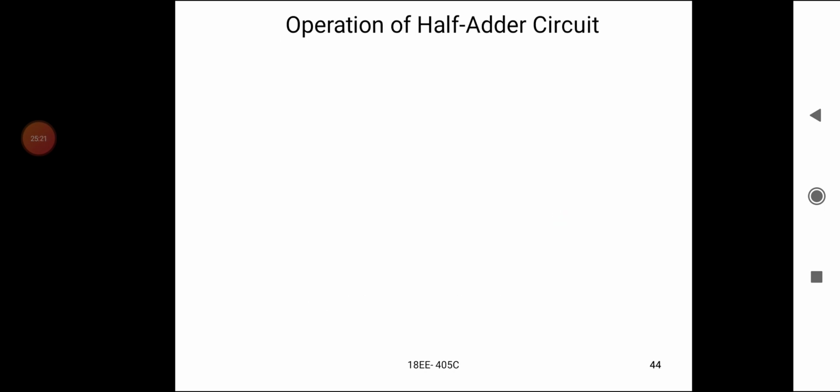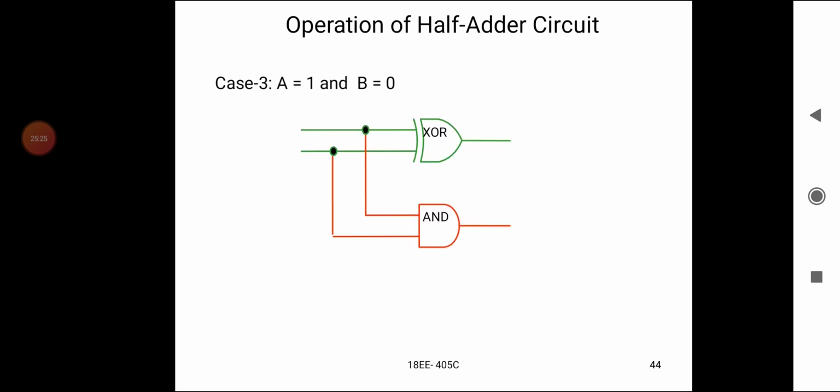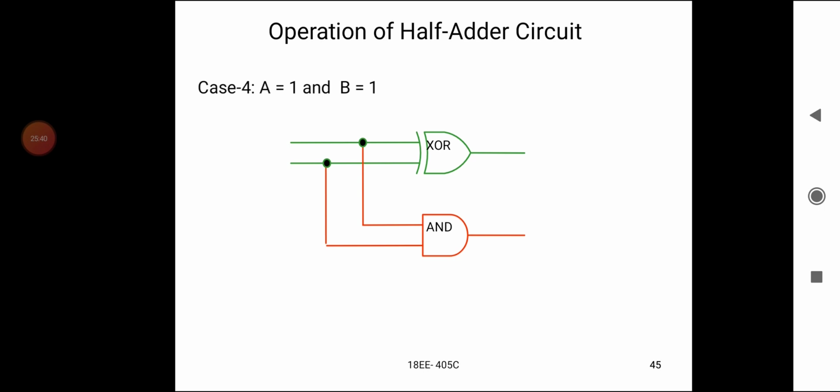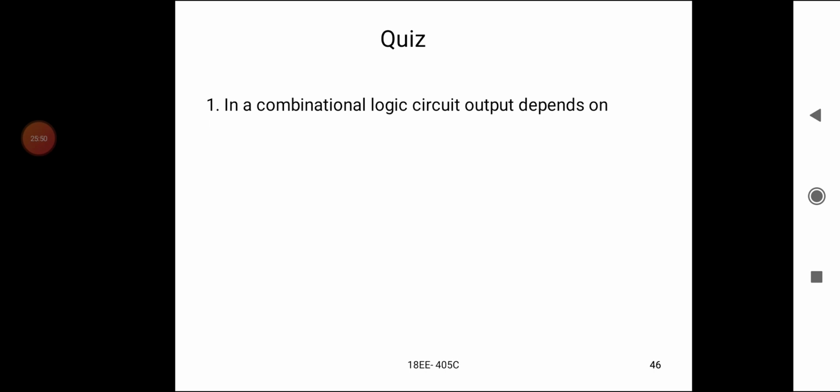In case 3, A is equal to 1 and B is equal to 0, sum is 1, carry is 0. In case 4, A is equal to 1 and B is equal to 1, sum is 0, carry is 1.